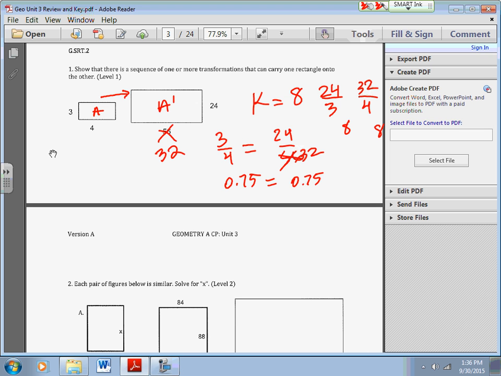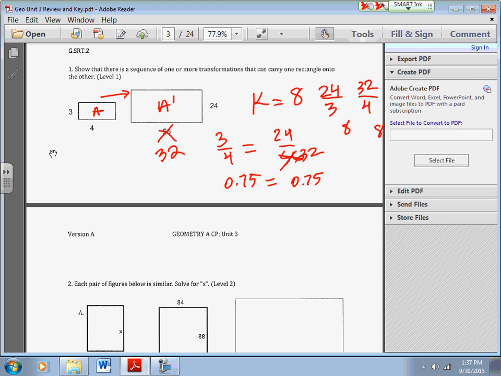But if you're going to write me the scale factor, you have to make sure they're similar, that the ratios are proportional. If it's an enlargement, you do the sides of the new image over the sides of the original, because the original should be smaller numbers.